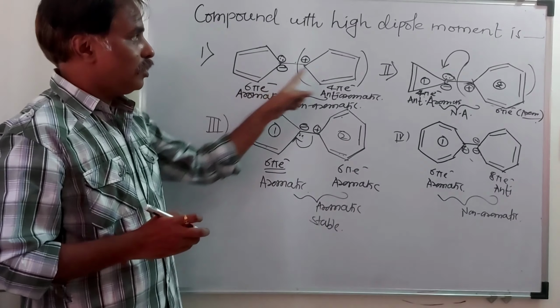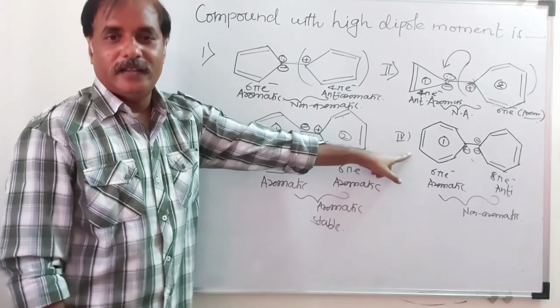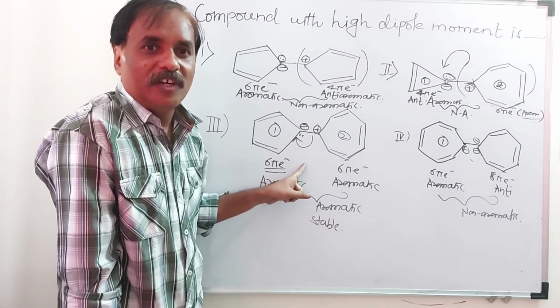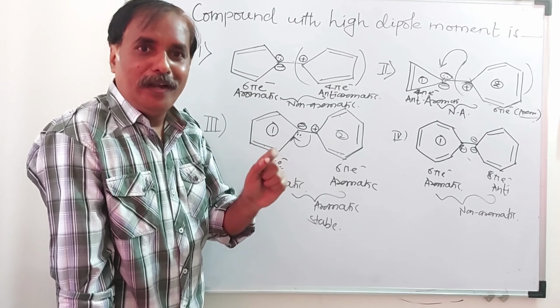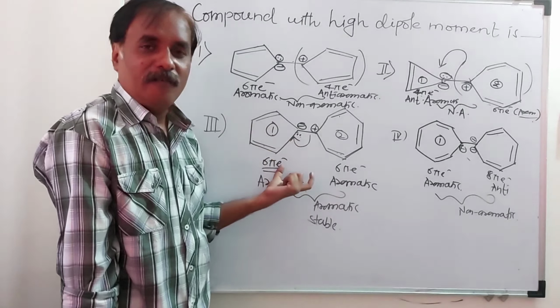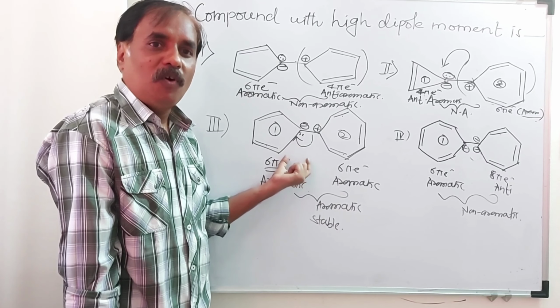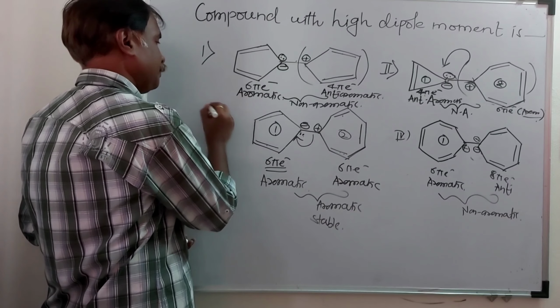First, second, and fourth are unstable, and there is no polarization. Definitely there is a polarization in the case of option number 3, to acquire stability, because this is aromatic. And this compound has the highest dipole moment. Yani, the answer is what? Third.